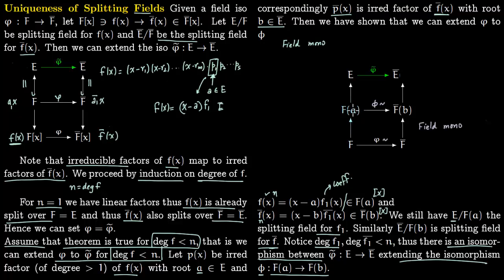So you can carry this further up using induction, because once you have a factor, the degree has reduced, and therefore you can use the inductive step here. So the first step is just your field monomorphism lecture, the second step is just your inductive step, and then you are done. So now we have shown the uniqueness of splitting fields, and this result is important. This will come in useful later on in constructing the Galois correspondence.